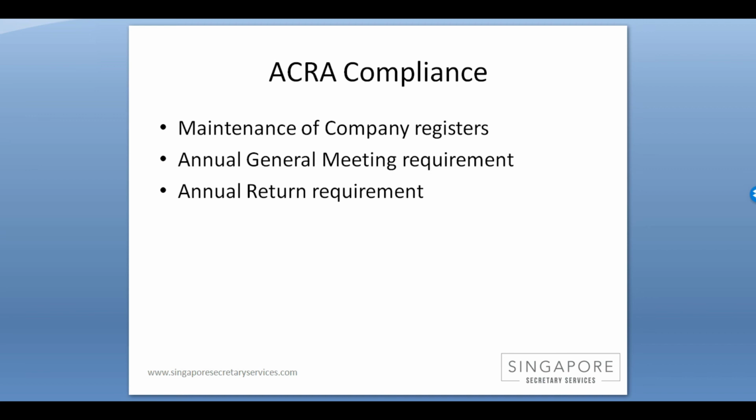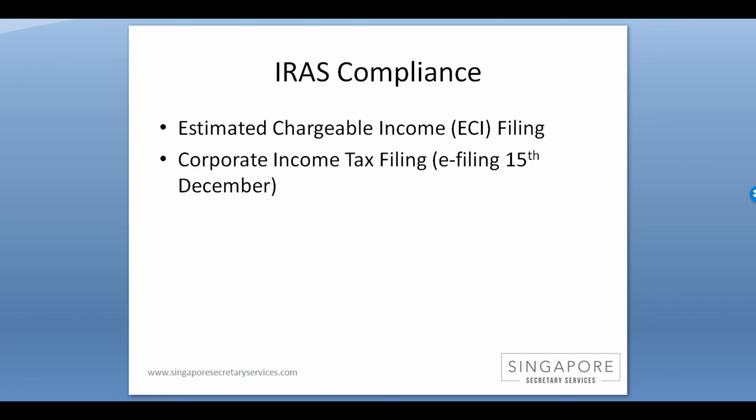At the end of the day, yes, you may have a secretary, but the director still has to respond to the disciplinary action if ACRA deems that the company is out of order. So that is with regards to ACRA.